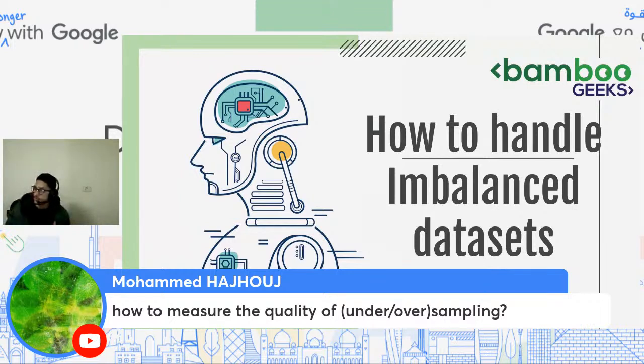So we know if oversampling and undersampling was good and successful by knowing if the precision or recall, depending on your case, are good. So if you made oversampling and the precision is low, then you tried undersampling, then the precision is higher, then the quality of undersampling is higher than the quality of oversampling.